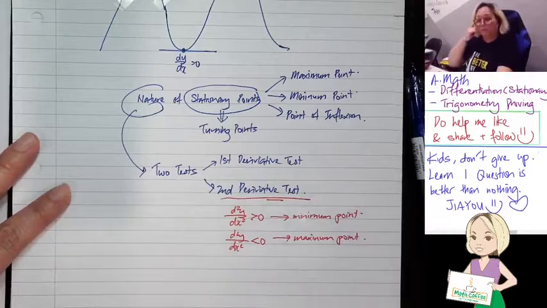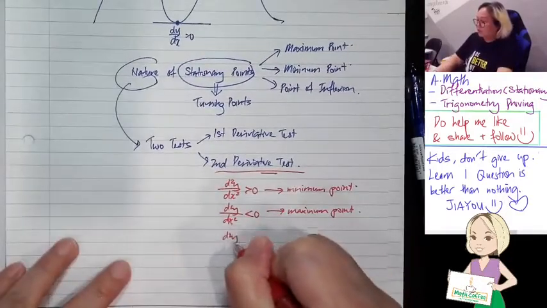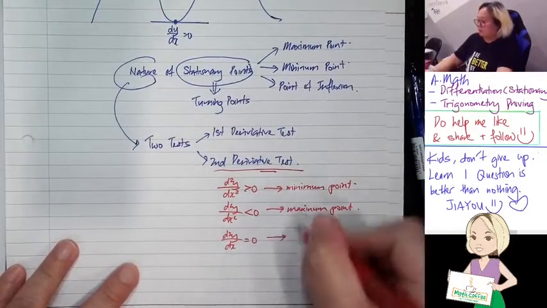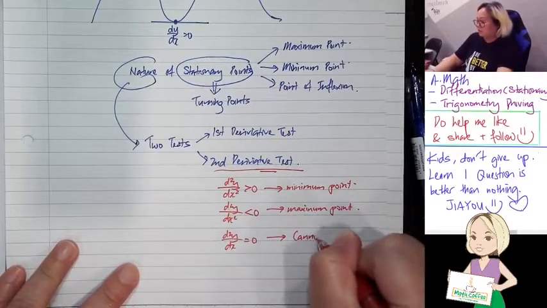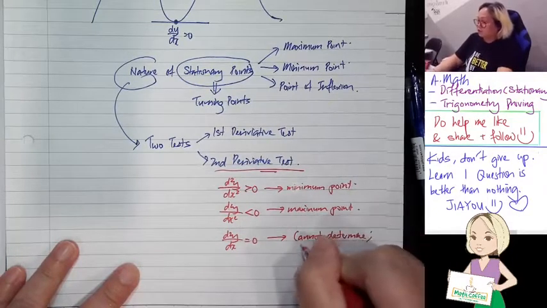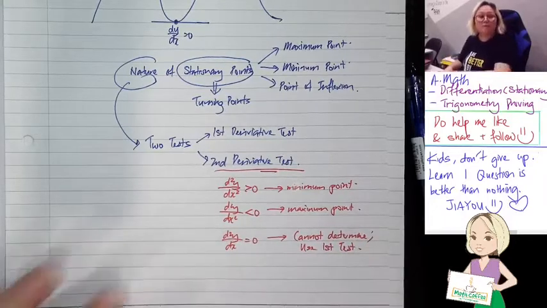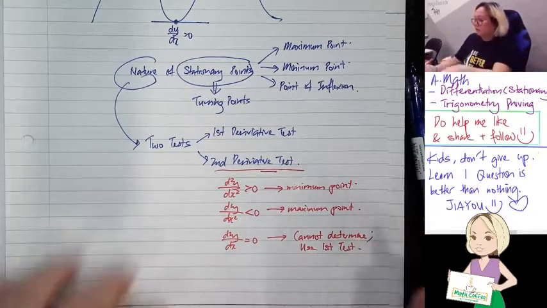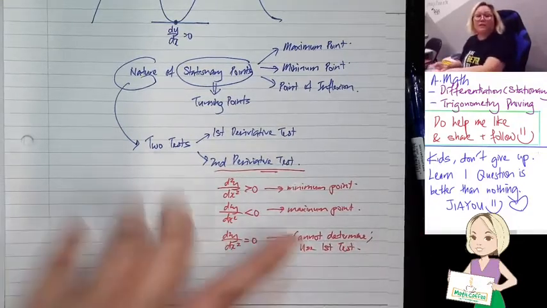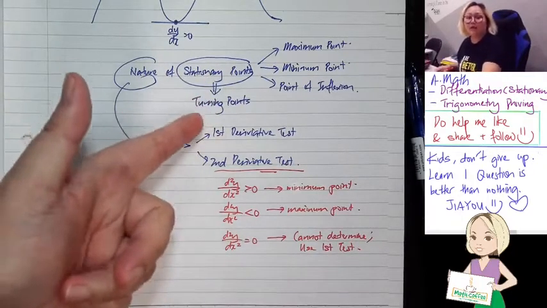If d²y/dx² equals 0, you cannot determine; use the first derivative test. When it equals 0, you cannot conclude it is a point of inflection. You will have to use the first test to find out.